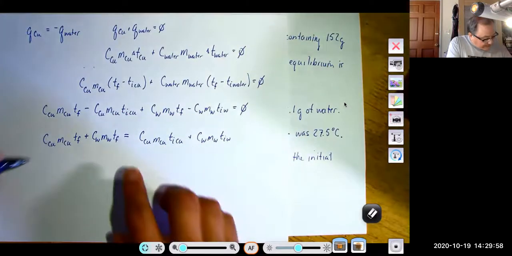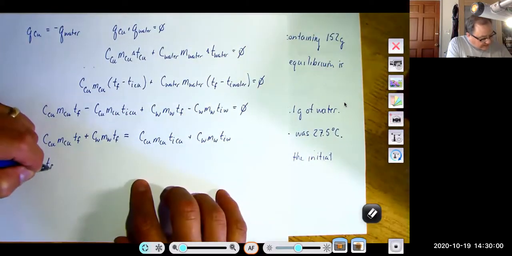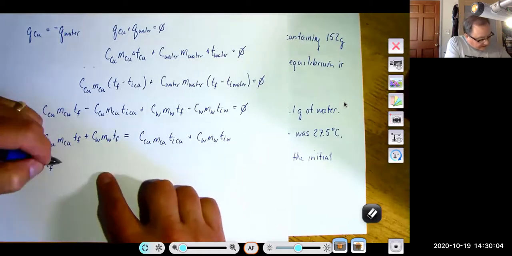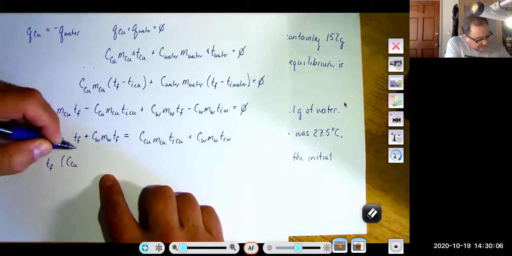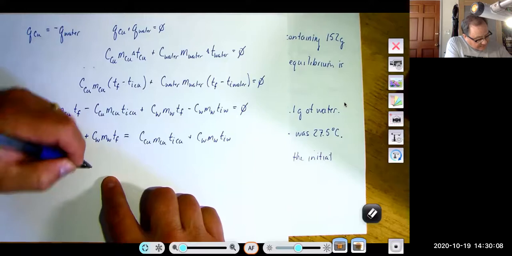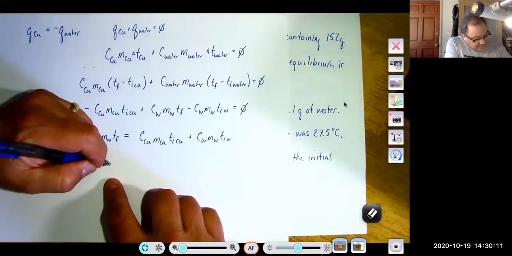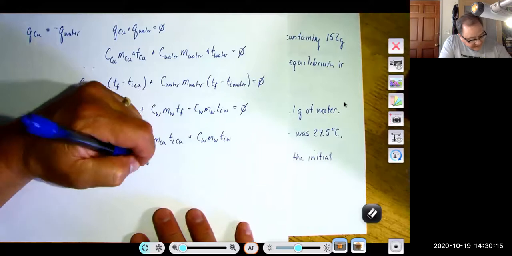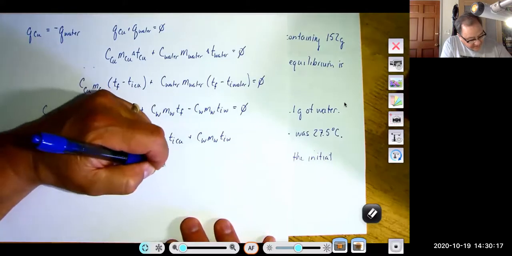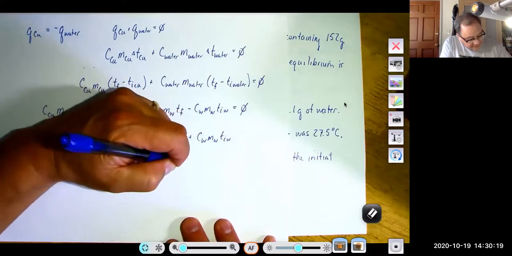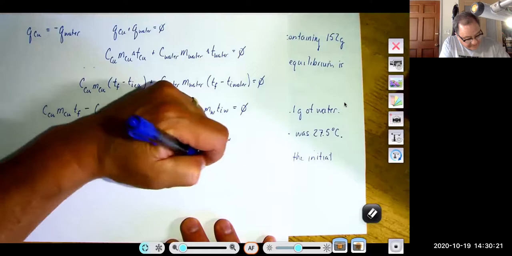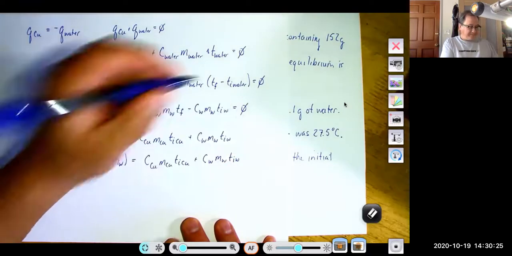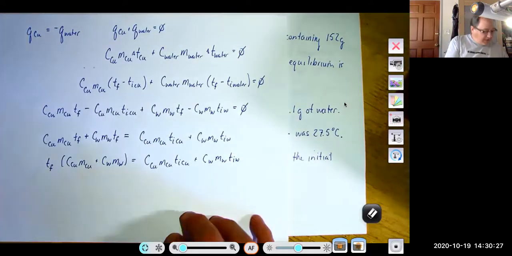So now I'm going to take my T final and divide it out of each of these. So I'll get C of the copper, mass of the copper, plus C of the water, mass of the water, is equal to C copper, M copper, T initial copper, plus C W, M W, T initial W. And then you got it.